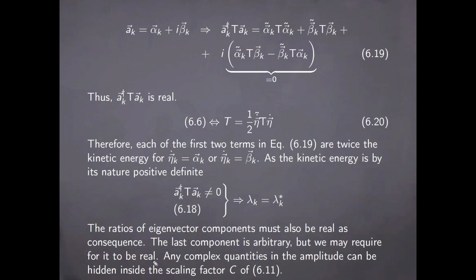So we want it to be real, in effect stating that any complex quantity that could be involved can just as well be hidden inside the scaling factor c of this solution in equation 611.